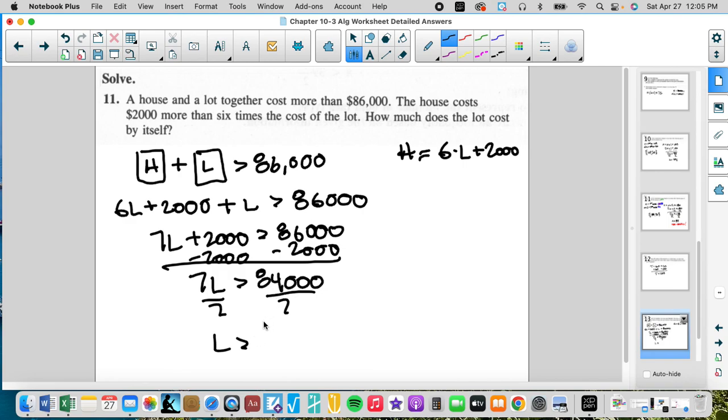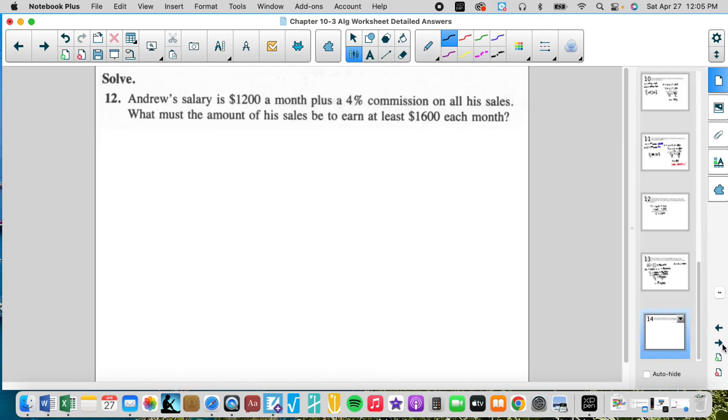That lot must be at least $12,000. So it has to be more than $12,000. Interesting. Okay, good. It doesn't want to know how much the house costs, it just wants the lot by itself. L represented the cost of the lot by itself.